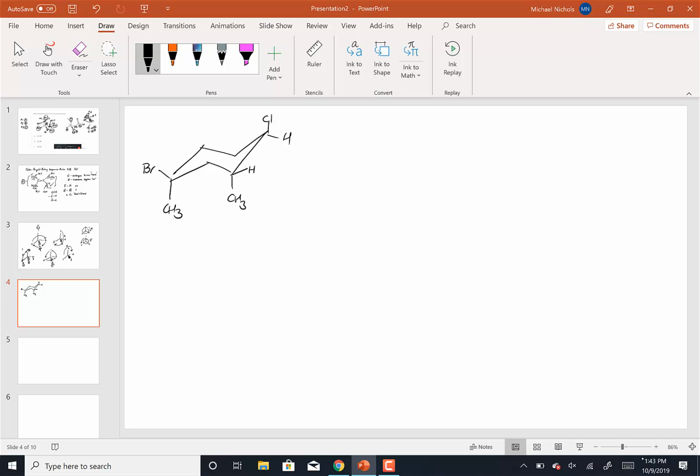This molecule cannot be named cis or trans. Why? Because there's 3 non-hydrogen groups on the ring. If there's 2, I can tell you cis or trans. But when there's 3, how do I have to name this? Well, I have to go through my naming and figure out which carbon's 1, which carbon's 2, which carbon's 3 and 4.